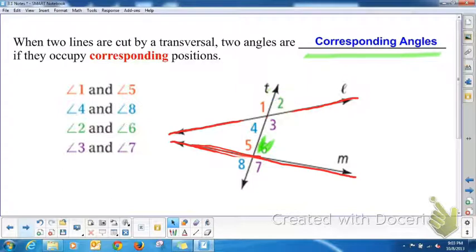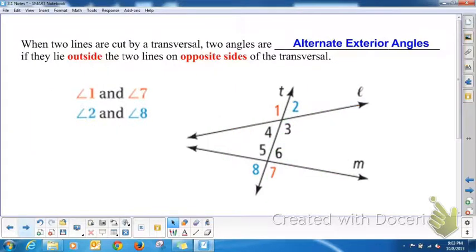And then finally the last pair of corresponding angles would be 3 and 7. 3 is on the bottom right of line L, 7 is on the bottom right of line M. So they're corresponding because they occupy corresponding positions. They're in the same spot, just on the different line. These are corresponding angles. There are 4 pairs of corresponding angles when 2 lines are cut by a transversal.